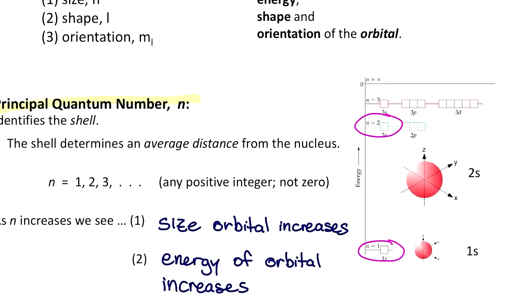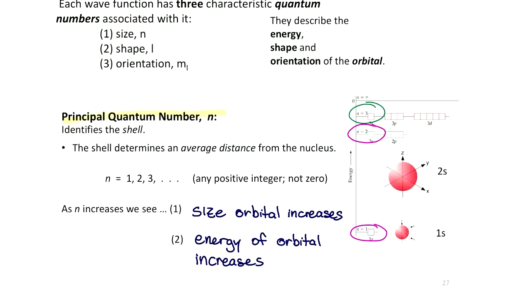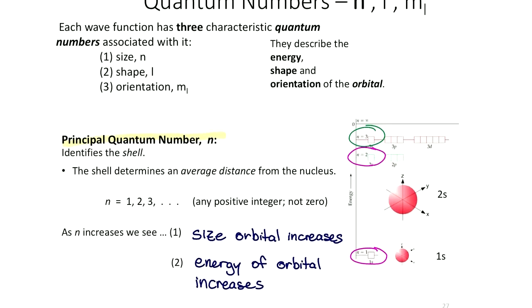And n equals 3 is up here, so it's even higher in energy, and an n equals 3 electron is going to be overall even further away from our nucleus. So that is n, our principal quantum number, any positive integer other than 0. All right, so let's get into the next quantum number, and that is shape.